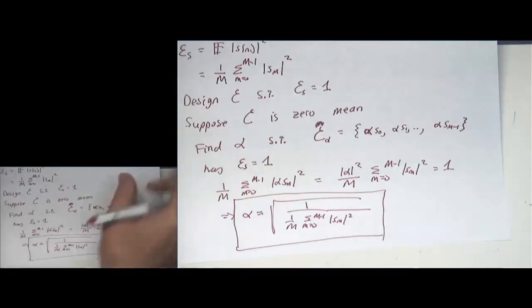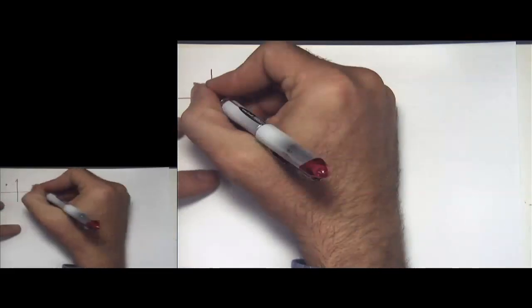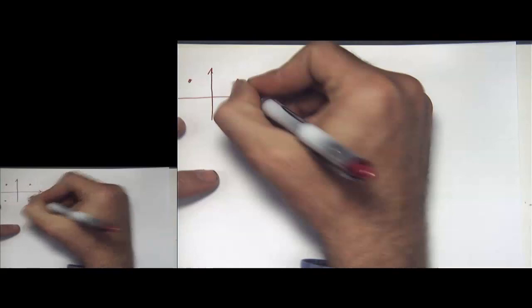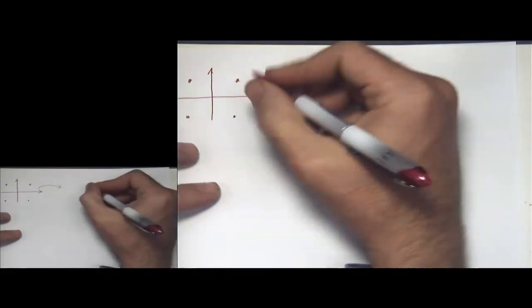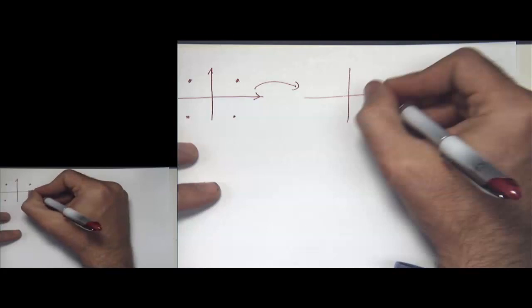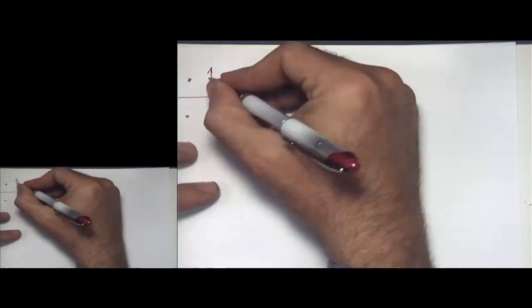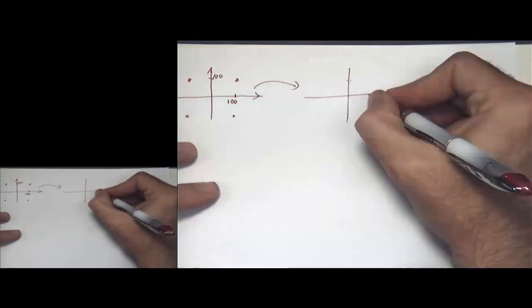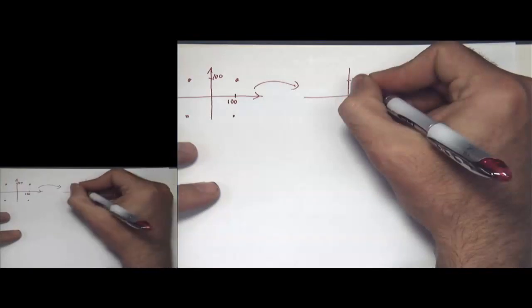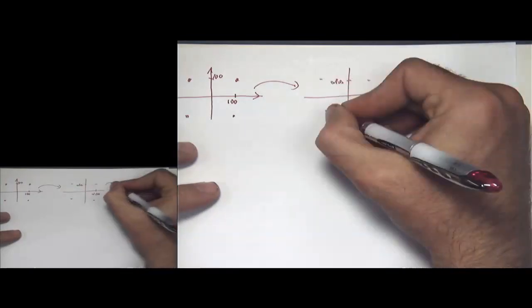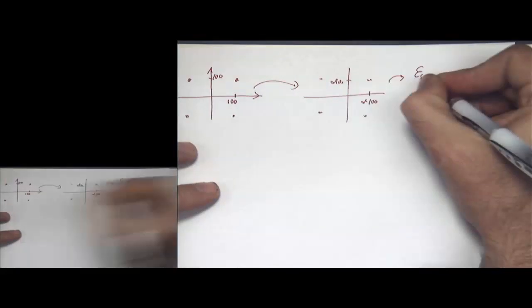And then the intuition of this is that we're going to take our constellation, just as that example I had before, that has points, whatever here, and we're going to scale it so that the new values are, supposing for the sake of argument that this was 100 and 100, we're going to scale it to some new values, alpha times 100, such that the energy of that thing is 1.